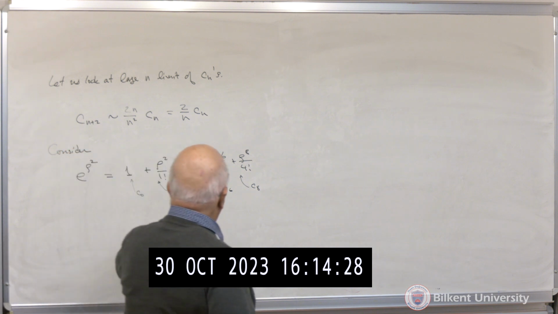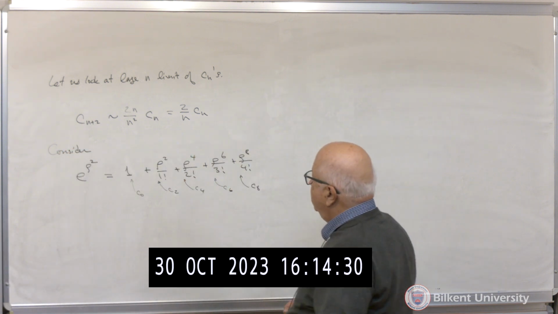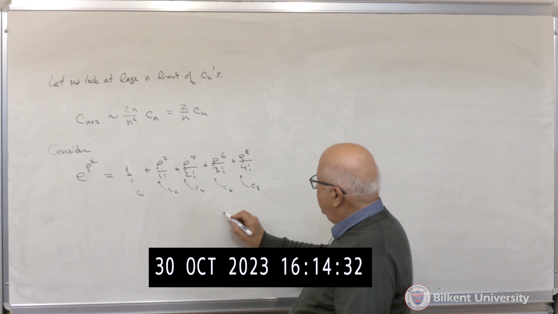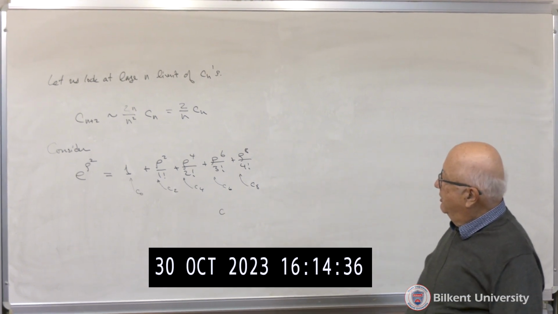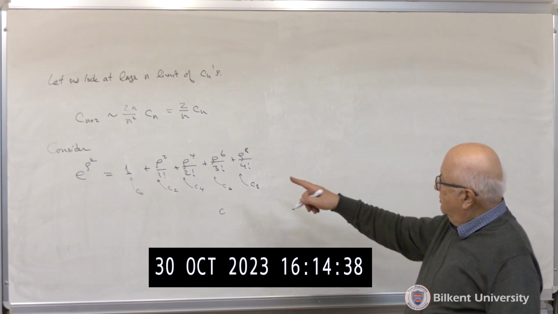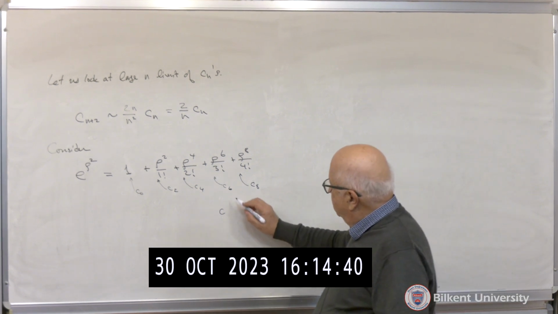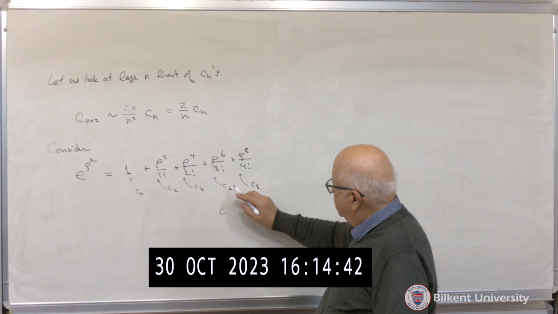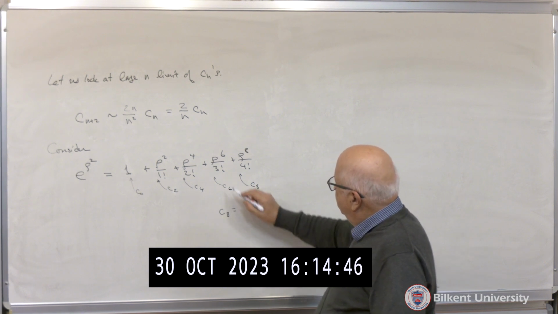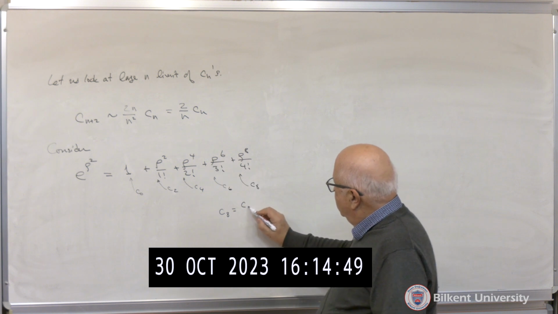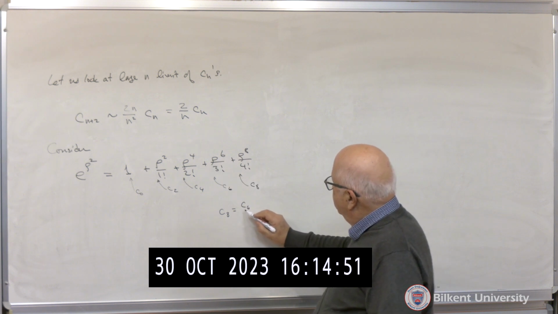Now, if you look over here, if I look at, for example, C8, it's going to be C6 over 4.